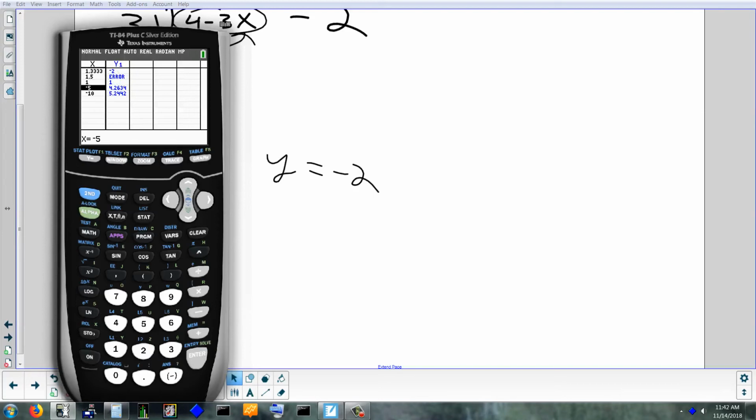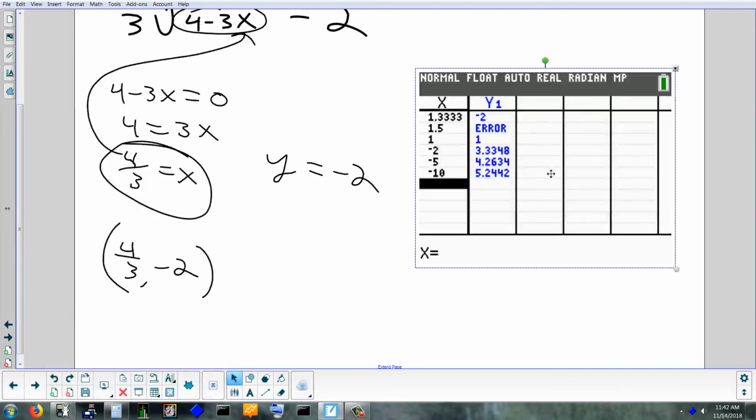So 1 would be a good point, maybe -2, -5, -10. Okay, so besides this one, if you graph those 5 points, you'll get a pretty good sketch, and it's going to look something roughly like that.